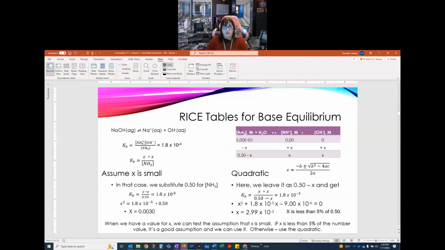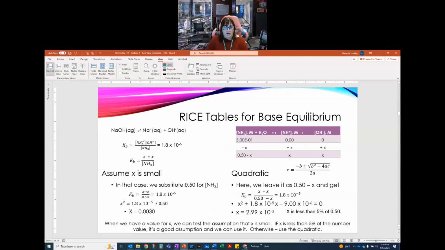Now, if we have our initial concentration of NH3 as 0.5, just like we did for the HF, and no NH4 plus and no OH minus, we lose an NH3 for every NH4 plus and OH minus we gain. So while that NH3 should be 0.50 minus X, we ignore the X, and that's how we get X times X over NH3.